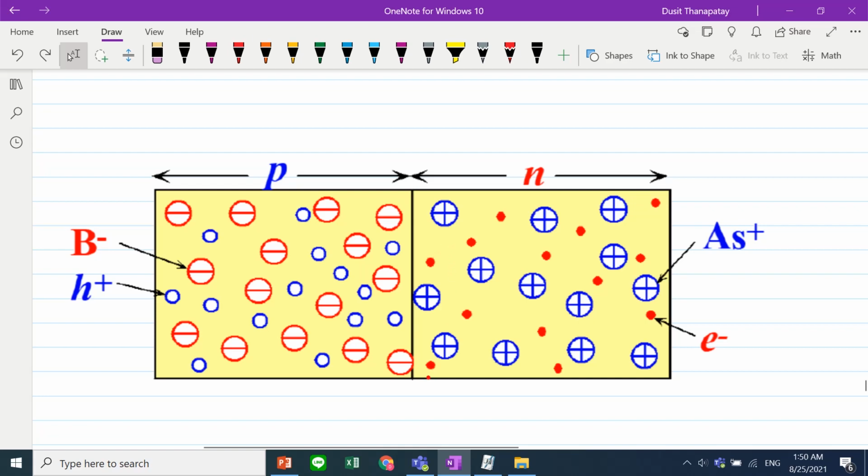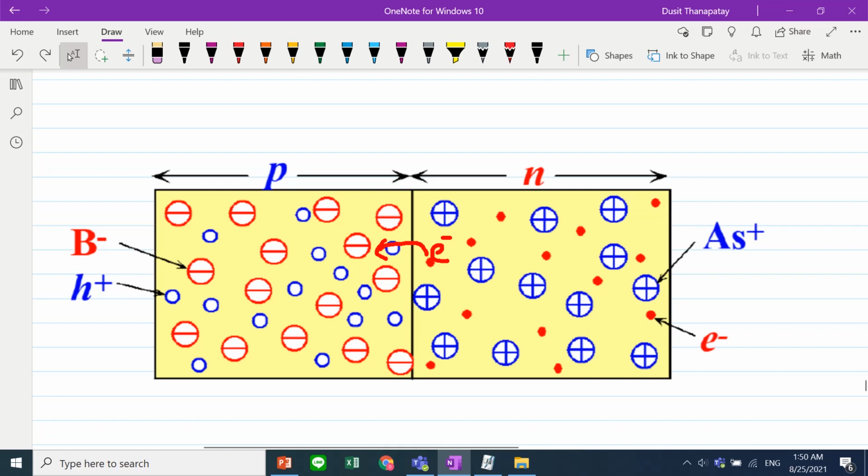The concentration of free electrons on this side is greater than on this side. That means electrons from the N side will diffuse, from the higher concentration of electrons to the area with lower concentration of electrons.